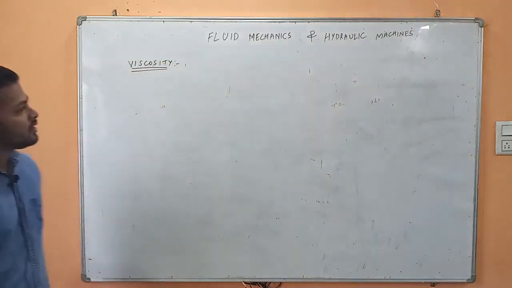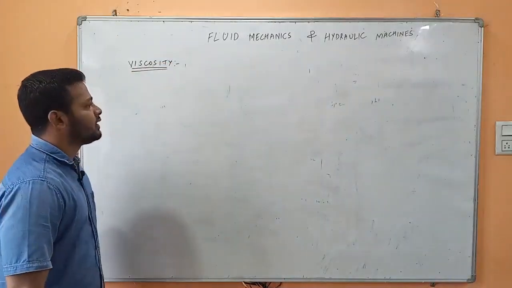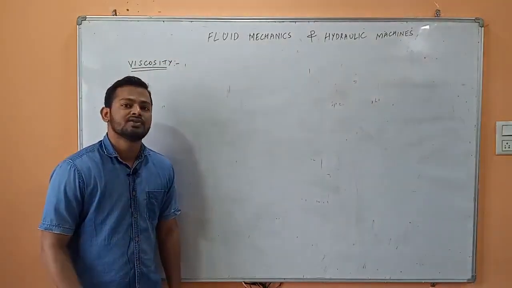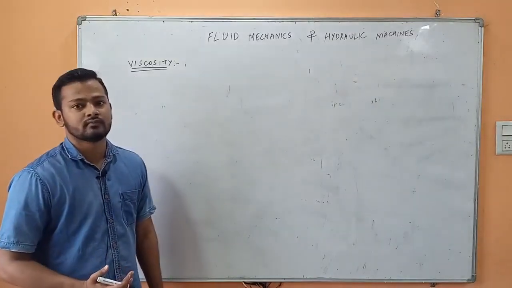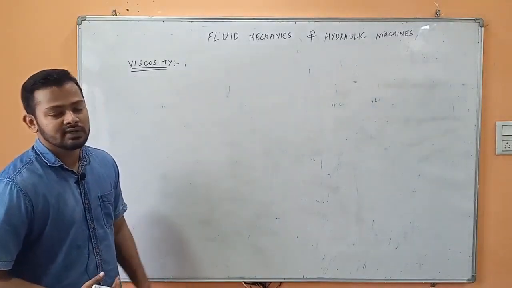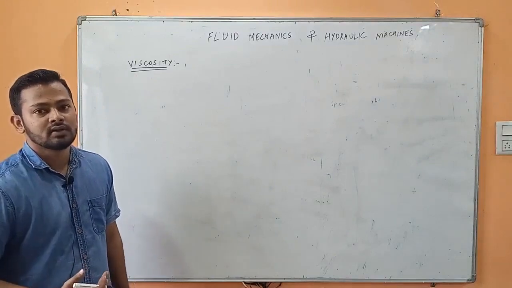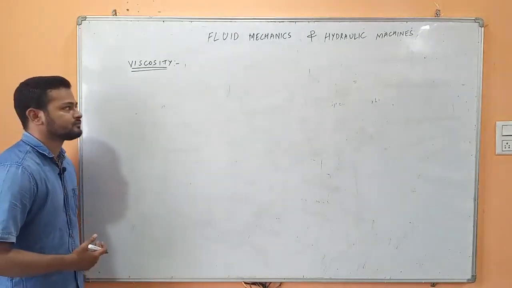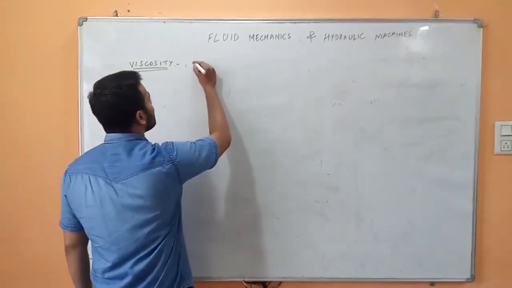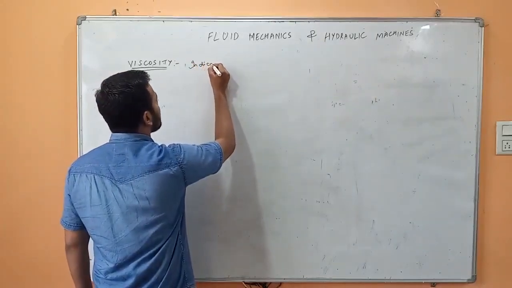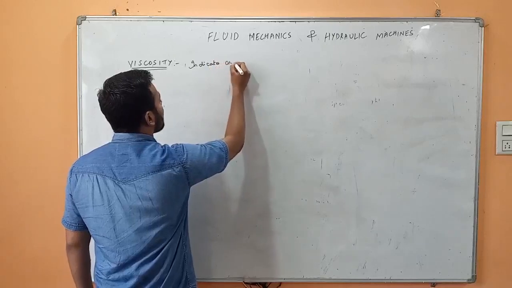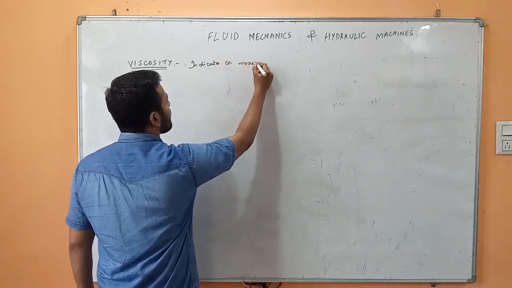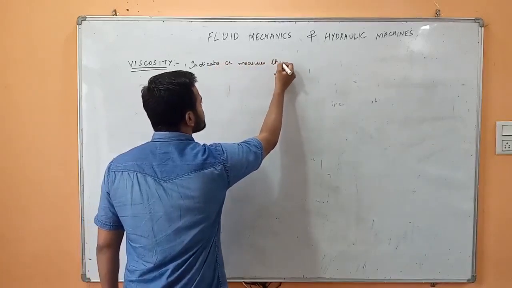Viscosity is a property of fluid which indicates or measures the resistance to flow. So more viscous means more stickiness, so you will have to apply more force in order to bring the liquid in motion.